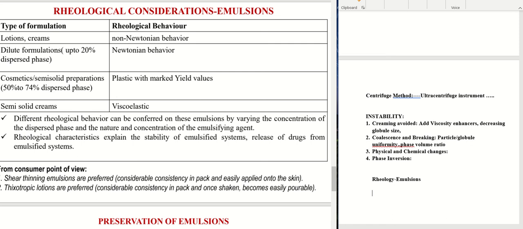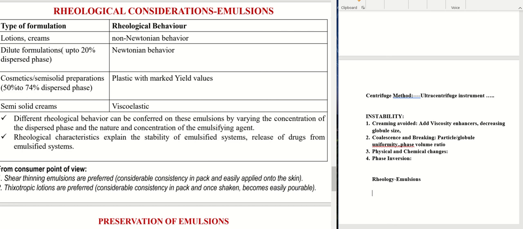So this change in the rheological behavior, this change in the viscous nature, is seen in the non-Newtonian system. The lotions and creams that come under emulsions exhibit non-Newtonian behavior.